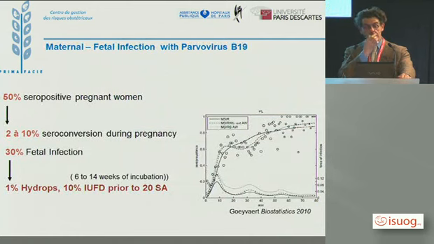Then the prospective risk of vertical infection is about 30%, but the risk of asymptomatic fetus after maternal seroconversion is about 10%.